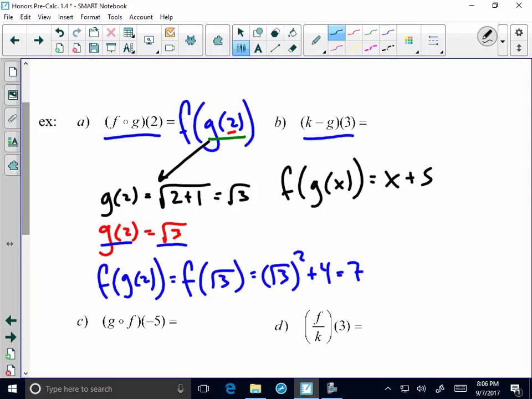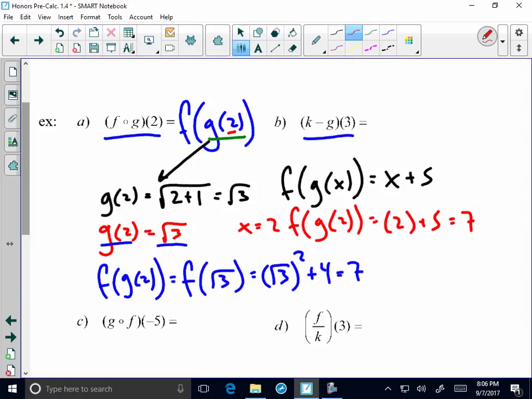And right here, plugging in our 2 into this composition, so saying that x is going to equal 2, would give us 2 plus 5, which gives us 7. So we're seeing that we get the same thing either way we choose to do it.